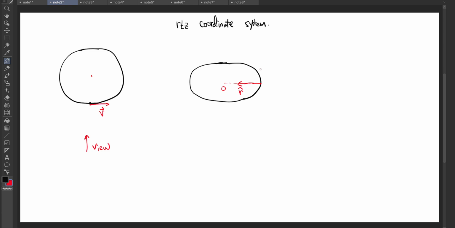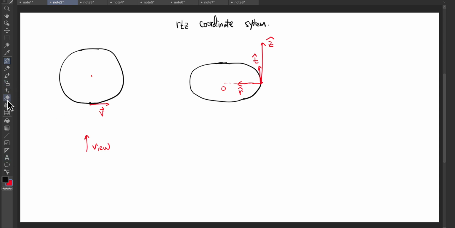Let's draw this tangential direction called T hat. But let's also draw the direction in the vertical direction. It's the direction that we look straight down, that direction. That's called Z hat.